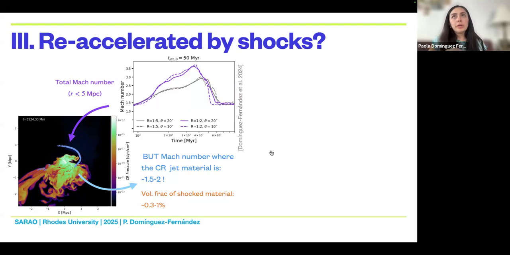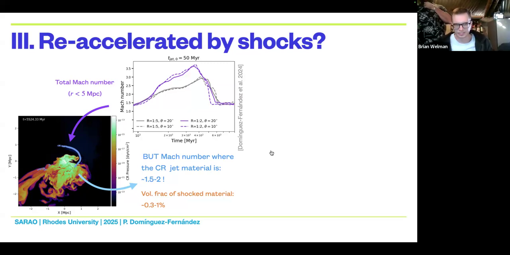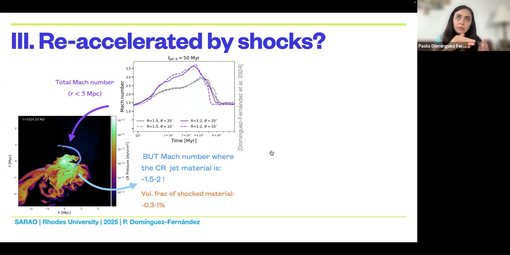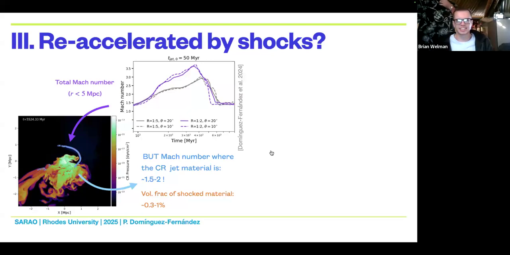So what we are working on right now is another formalism where instead you keep track of the cosmic rays with Lagrangian particles. Then I will have the energy distribution of each of the Lagrangian particles, and I will be able to get the spectral index maps. Okay, thank you very much.